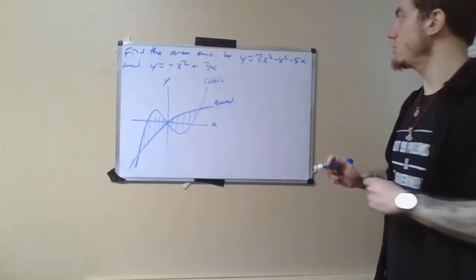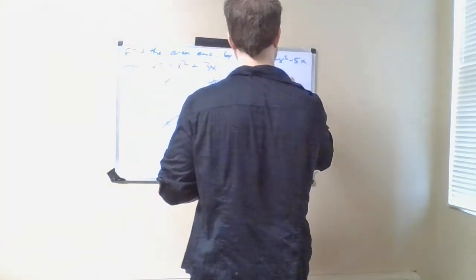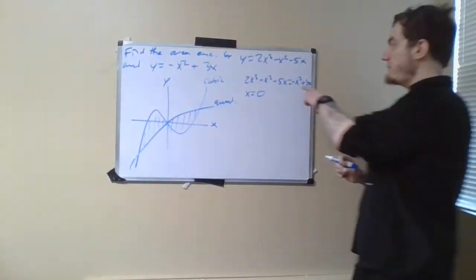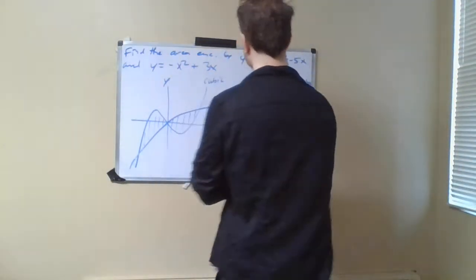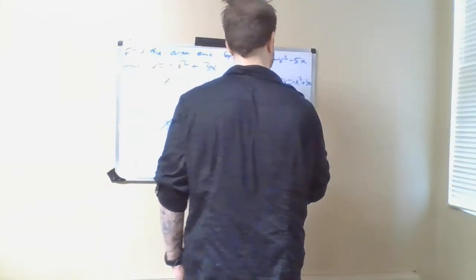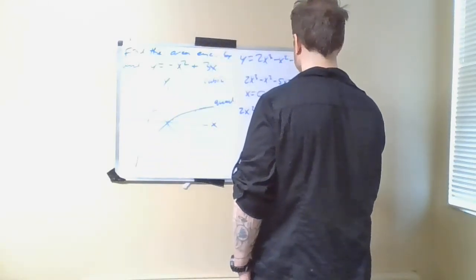So where are these two things equal? Well, if I take 2x cubed minus x squared minus 5x and set that equal to negative x squared plus 3x, the first obvious solution is x equals 0, because I can factor an x out of both of those. If we factored the x out, then this becomes 2x squared minus x minus 5 is equal to negative x plus 3.